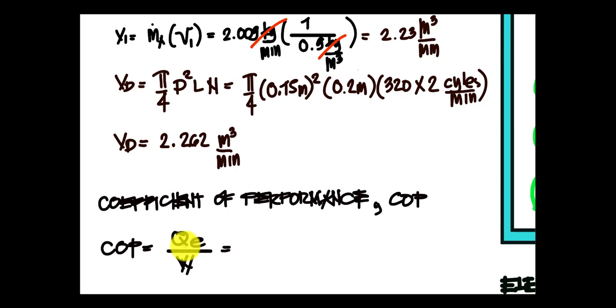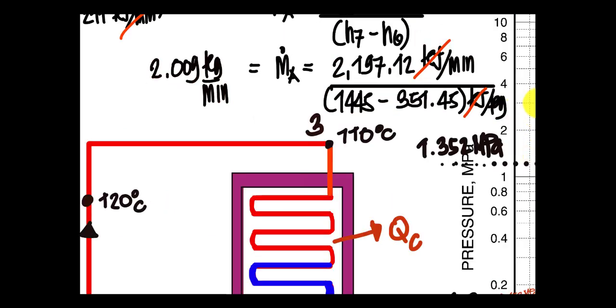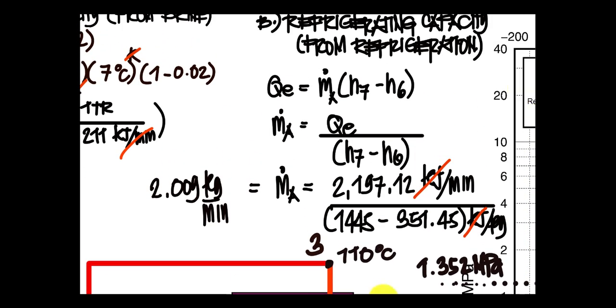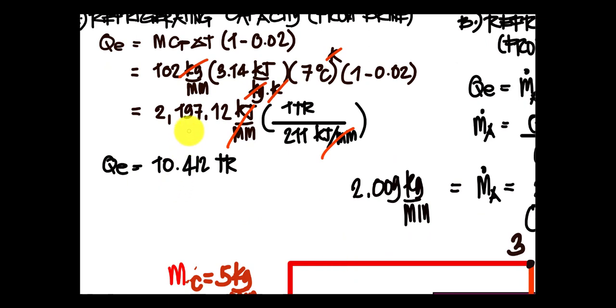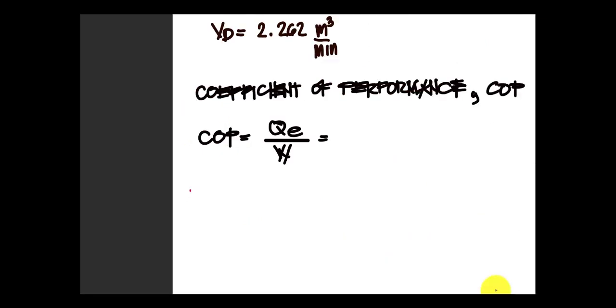Going back to the value of our refrigerating capacity, we have 2,197 kilojoule per minute, all divided by the work of your compressor.